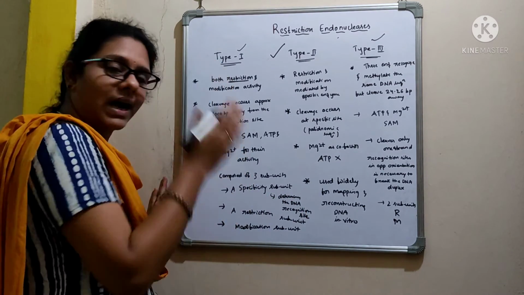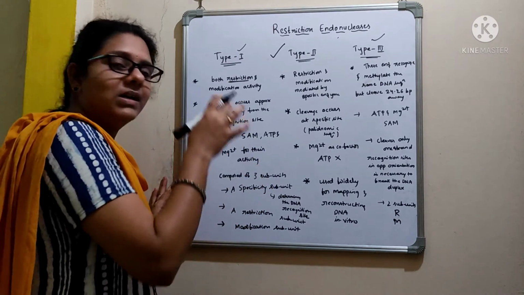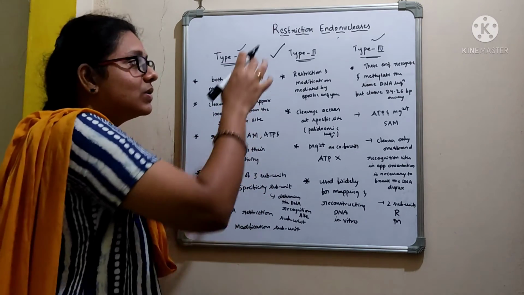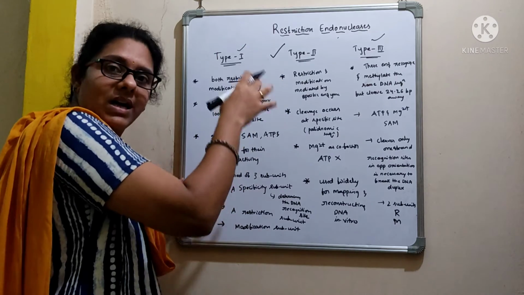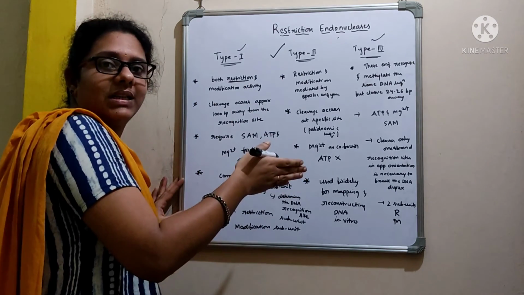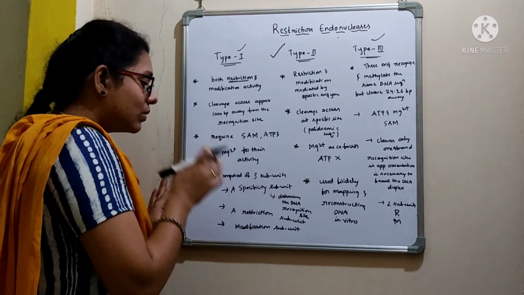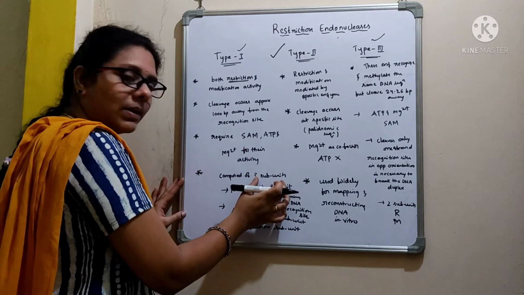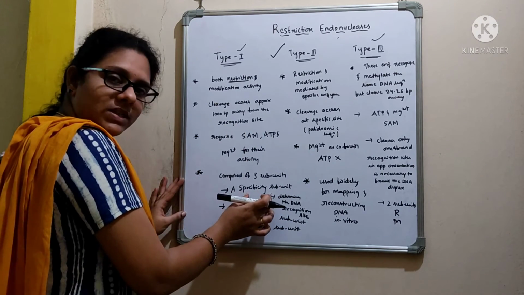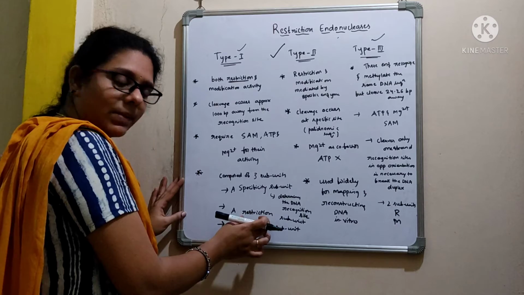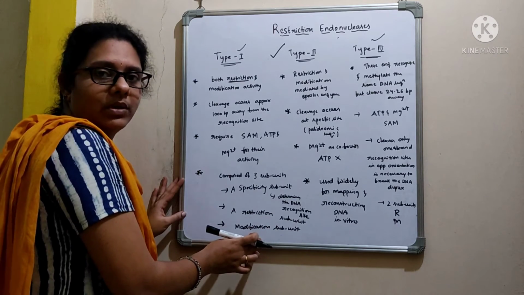In order to cut the DNA, it should have a specific recognition site, right? So these enzymes recognize those sites and specifically cut the DNA at that location. The three subunits are a specificity subunit, a restriction subunit, and a modification subunit.